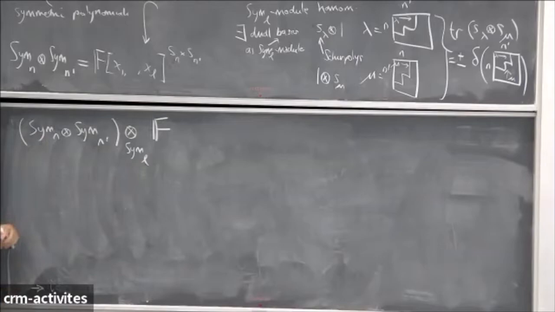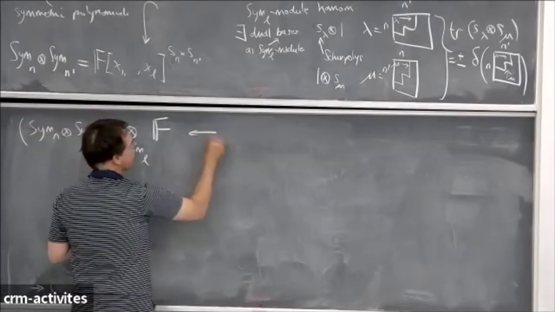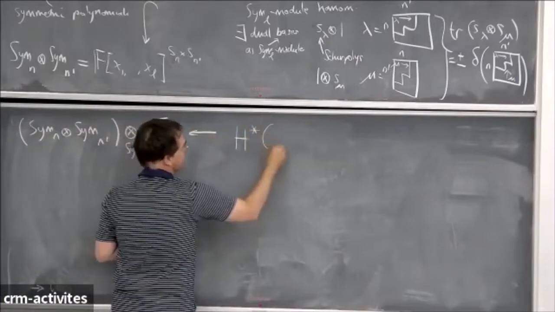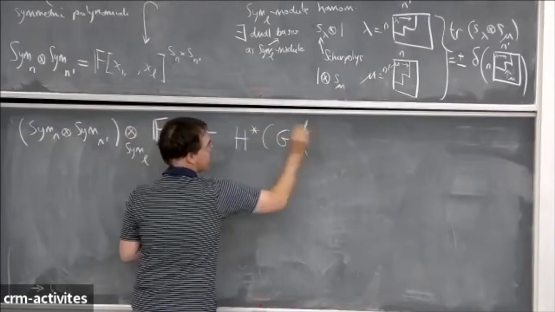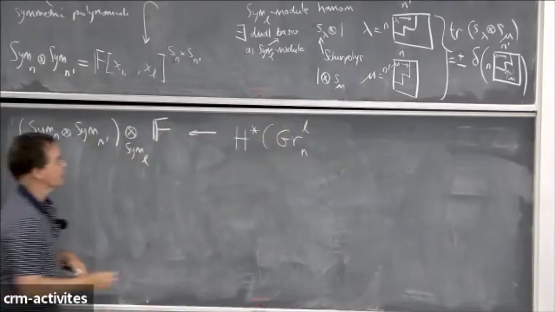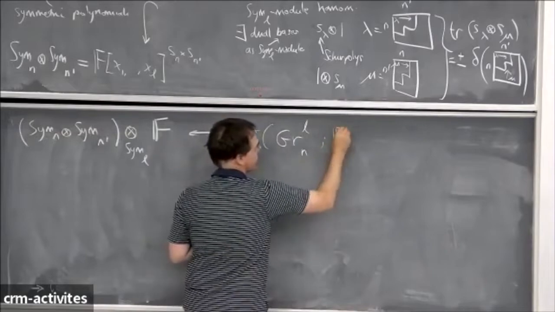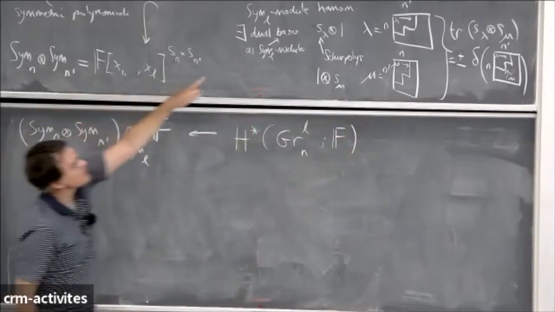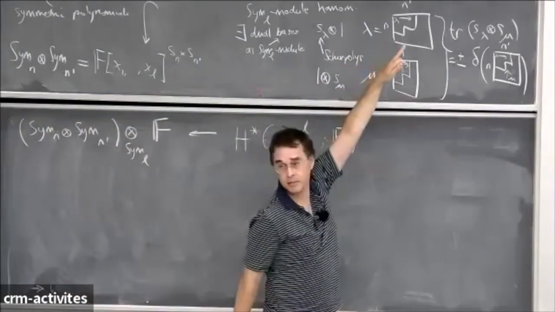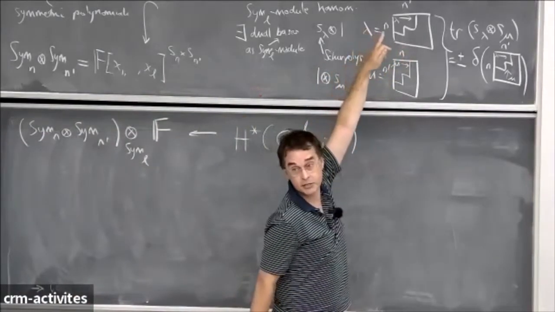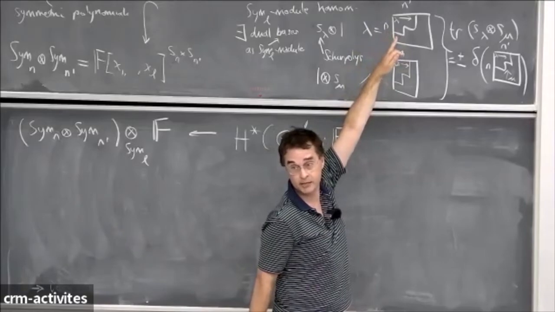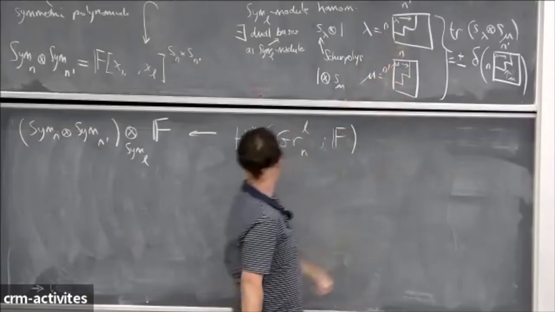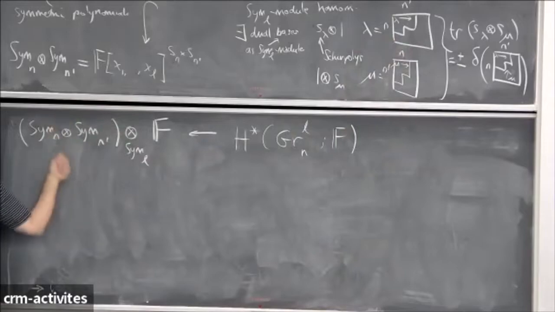So this is well known, and this is just the cohomology algebra of the Grassmannian of n spaces in C^L, working with coefficients in F. And so Sym n tensor Sym n prime being a Frobenius extension of Sym L, when you specialize Sym L to the field, that just makes this specialized algebra into a Frobenius algebra over the ground field.